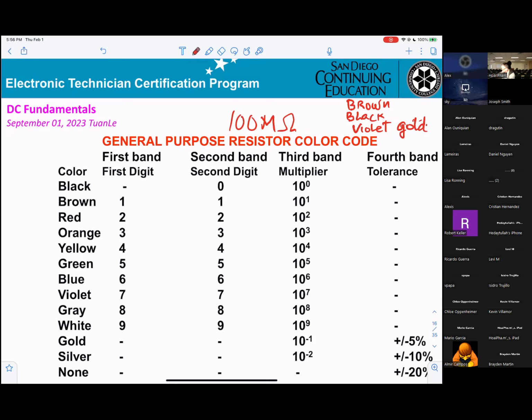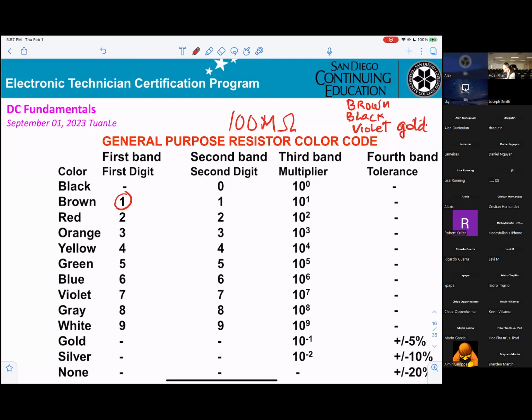Okay, first thing, you want 100 mega ohm. So the first one will be a 1 here. Black, the second one.